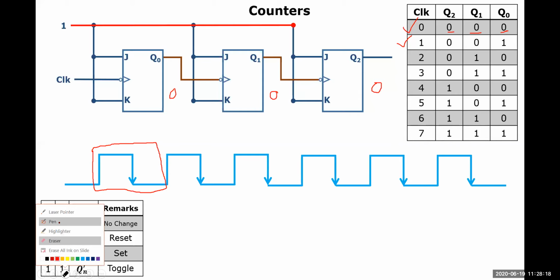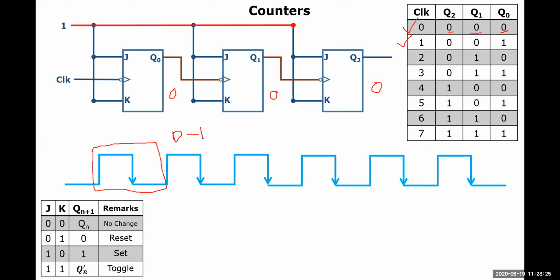If it goes from 0 to 1, for example Q0 becomes 1, then 1 is passed through this particular area because of the NOT gate, and NOT 1 equals 0.